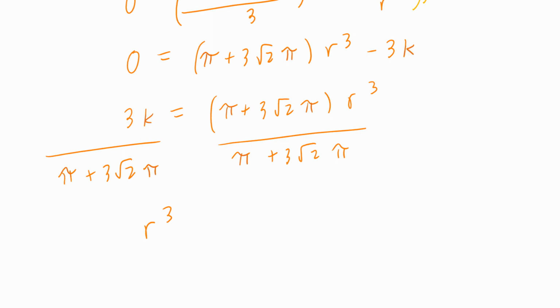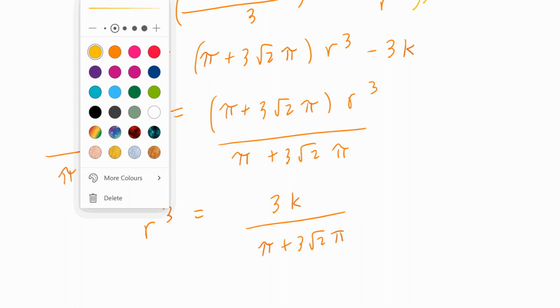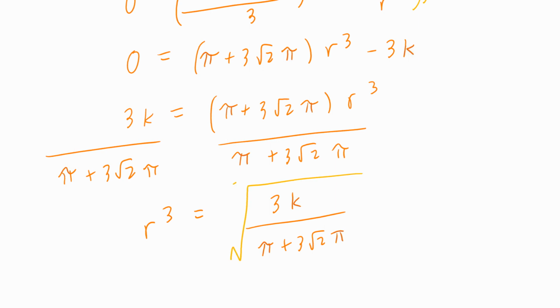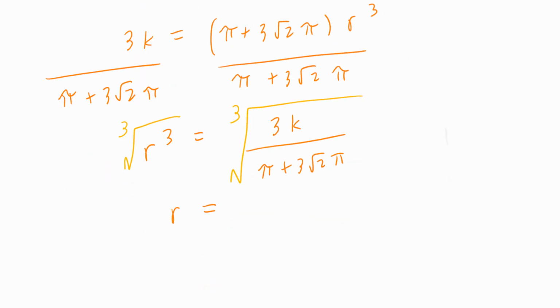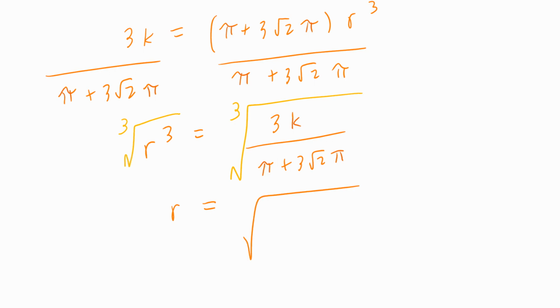And now r cubed equals 3k divided by pi plus 3 root 2 pi. And the opposite of r to the power 3 is you take the cube root. Again, unlike a square root, there's only one case. So you don't worry about the plus and minus like you would when you're solving for x squared. This is simply going to be r equal to the cube root of 3k divided by pi plus 3 root 2 pi.